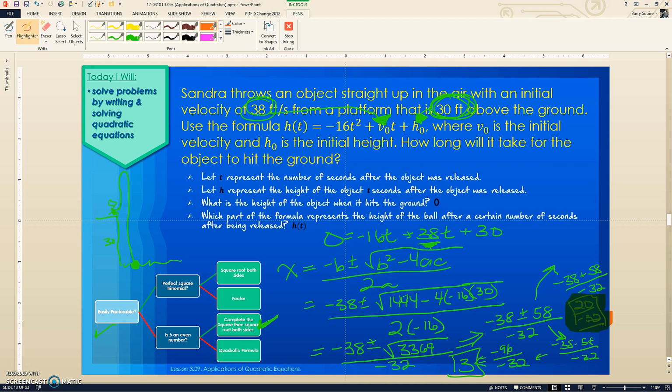I don't think it makes sense because I don't think we have invented time travel yet, although that would be really, really cool. And here we have an answer saying that the ball, I assume it's a ball, landed on the ground 3 seconds after she threw it. So I think we're going to go with that. So we're going to say that basically t equals 3 seconds.